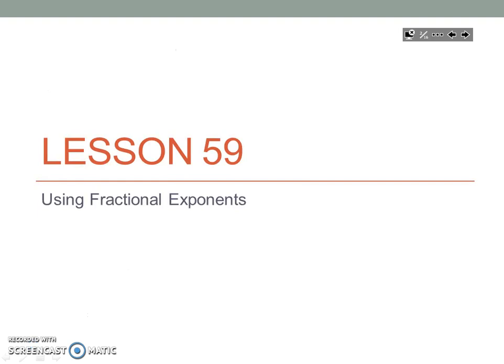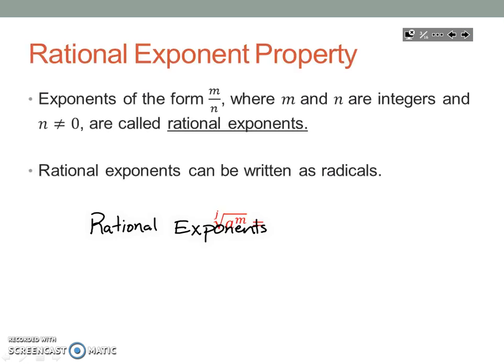So we can write square roots as exponents. And in order to do that, we're going to be talking about fractional exponents. You may also hear them called rational exponents. And remember, rational numbers just means that they are fractions. Anything that's rational can be written as a fraction.